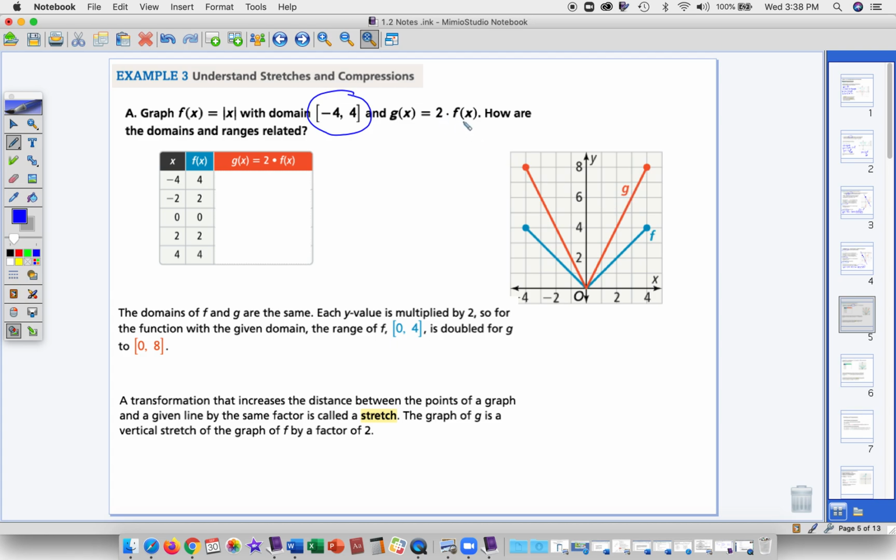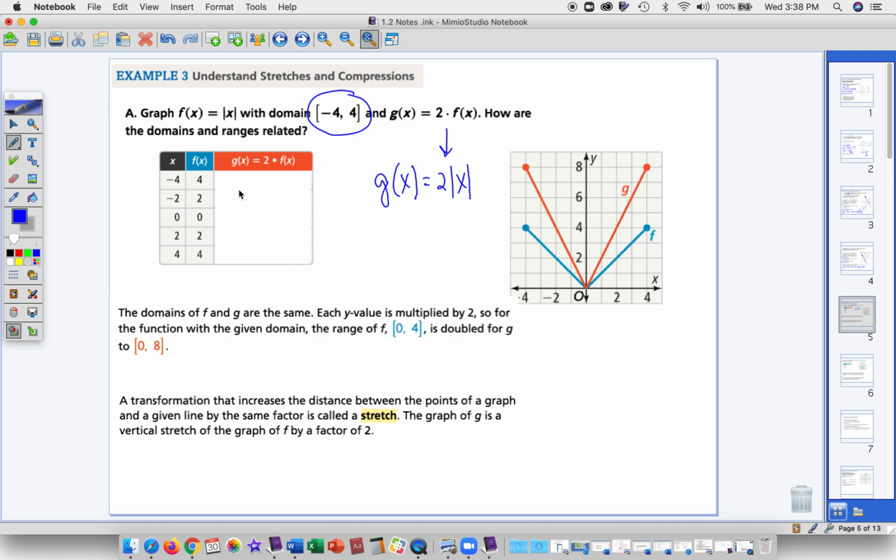So how are the domains and ranges related? 2 times f of x is the same as saying g of x is equal to 2 times the absolute value of x. So you can see visually how the graph changed.